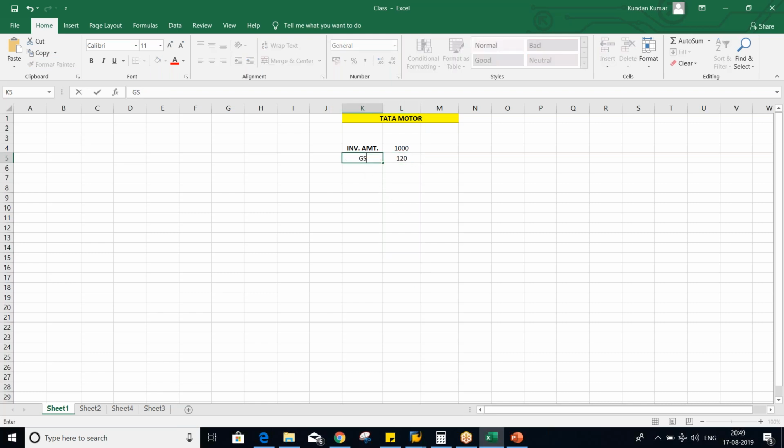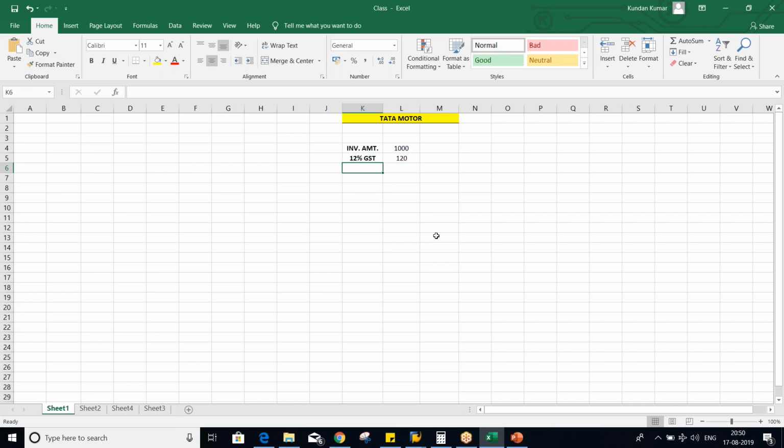This is your input GST. Now, this invoice we have received: 1,000 is the invoice amount and 12% GST, so a total worth of 1120 rupees invoice we have received.